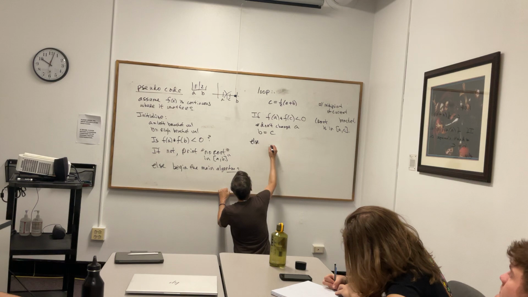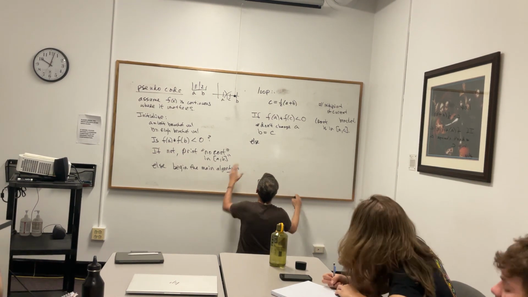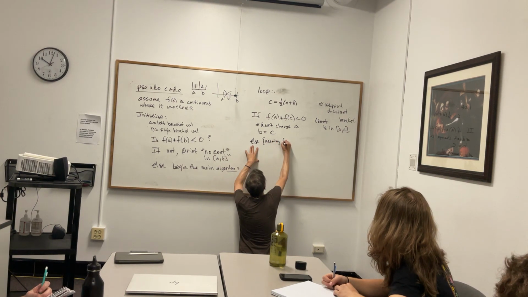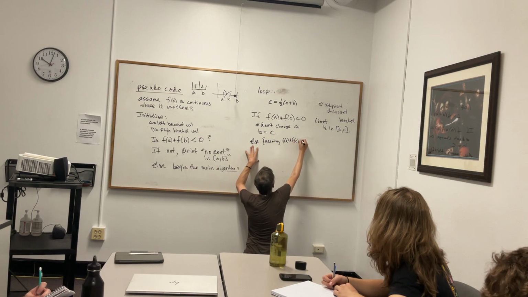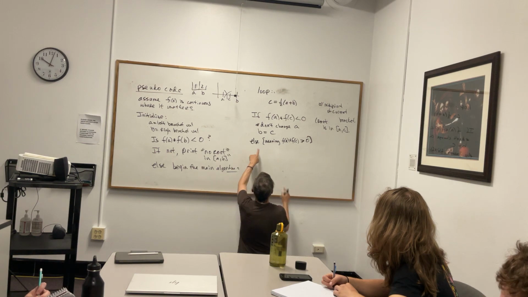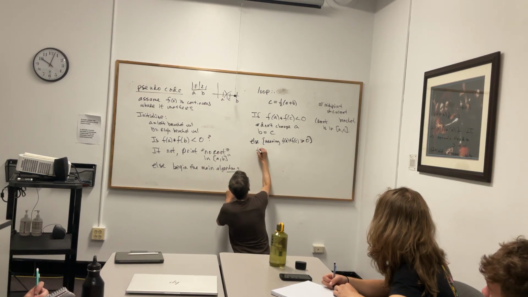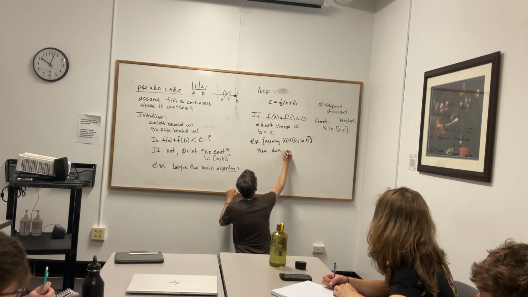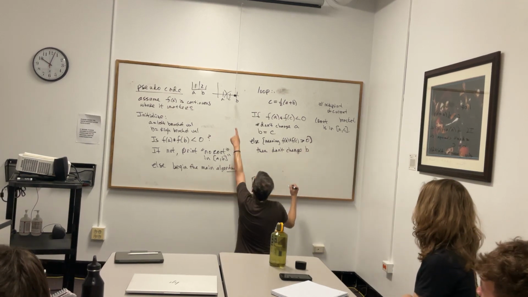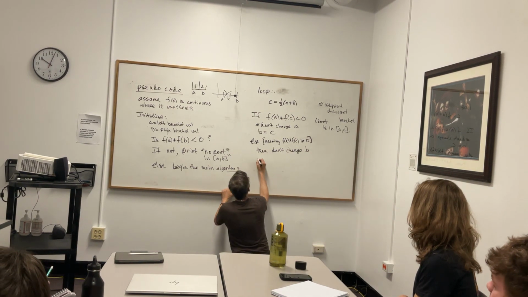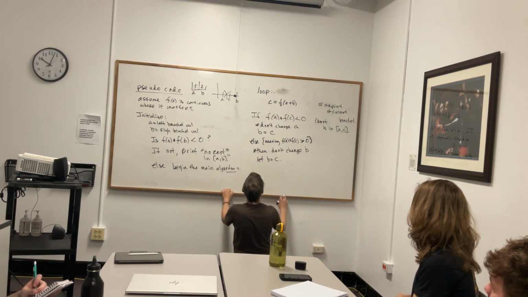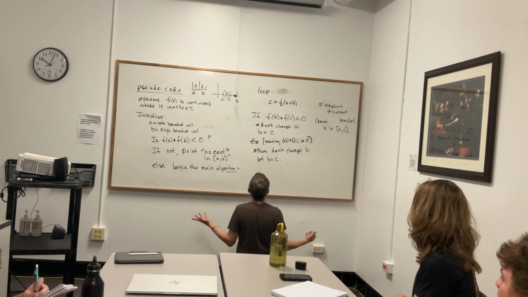Else, we know that this thing changes. So this else meaning f of a times f of c is actually greater than or equal to 0. If that's the case, then don't change C or B and let A now be equal to C. And we now have it.